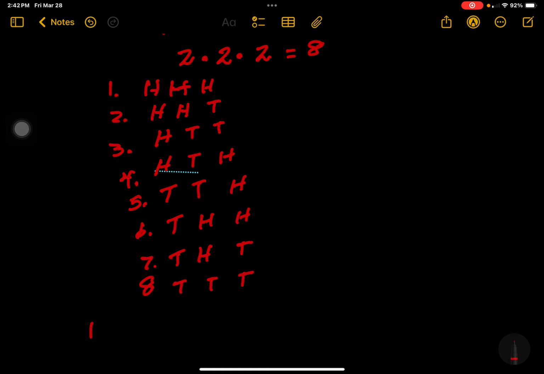Suppose we are looking for the probability of 2 successes, or the probability of 2 heads. Now these are mutually exclusive. That is, if one happens, the other one cannot happen.